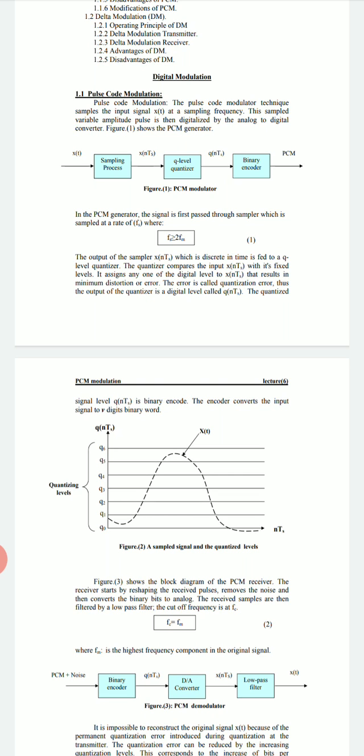The sampling theorem is nothing but the Shannon theorem, which gives the statement: a band limited signal of finite energy which has no frequency component higher than W hertz is completely described by specifying the values of the signal at instants separated by 1 upon 2W seconds.